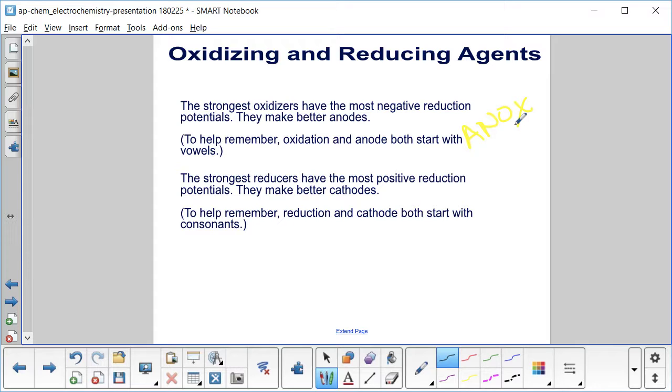Oxidation occurs at the anode. Then the strongest oxidizers have the most positive reduction potentials, those that are most likely to undergo reduction. They make better cathodes. Remember, "red cat": reduction happens at the cathode. Or just remember that reduction and cathode both start with consonants.